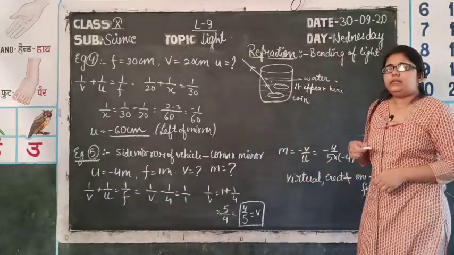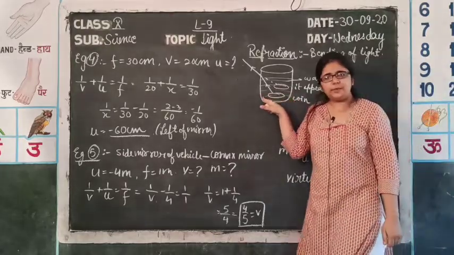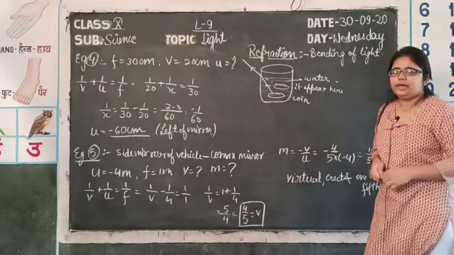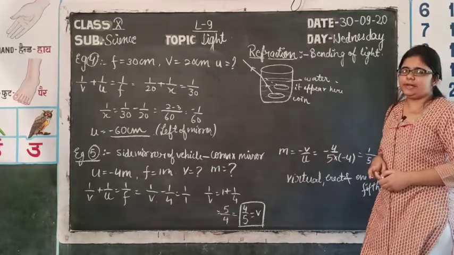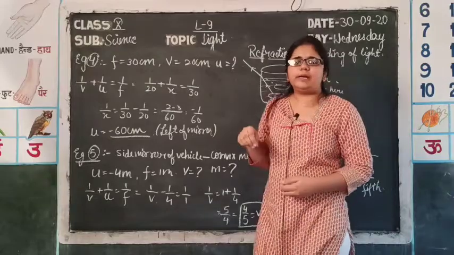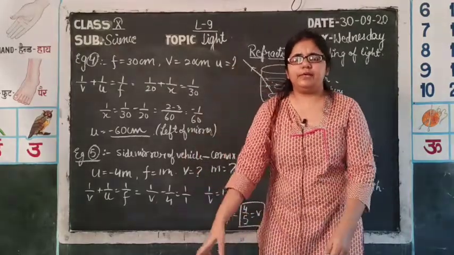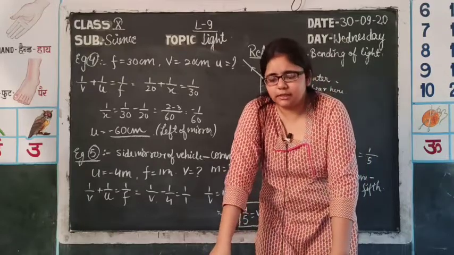But when the light changes its medium, it sometimes moves towards the normal or away from the normal, and due to that kind of bending of light, we have several phenomena that we have observed. You can partly submerge a pencil or a scale in a vessel containing water or any other kind of liquid.